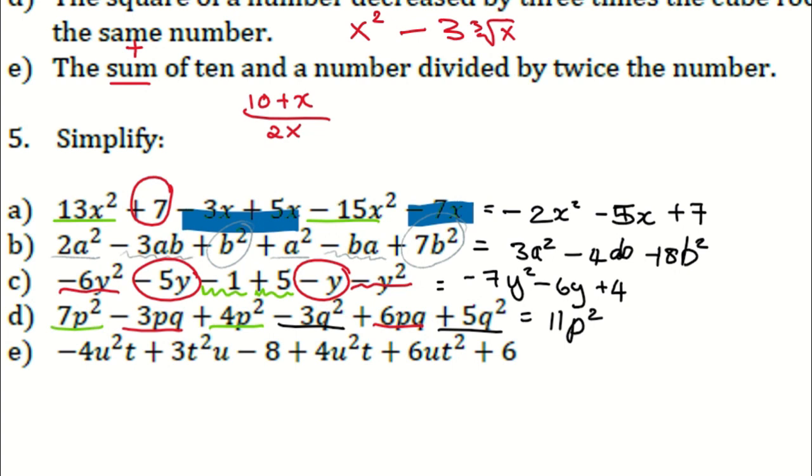Underlined in red, we have there negative 3pq plus 6. So that gives me positive 3pq. Then the black, underlined in black, is negative 3q squared plus 5, is positive 2q squared.